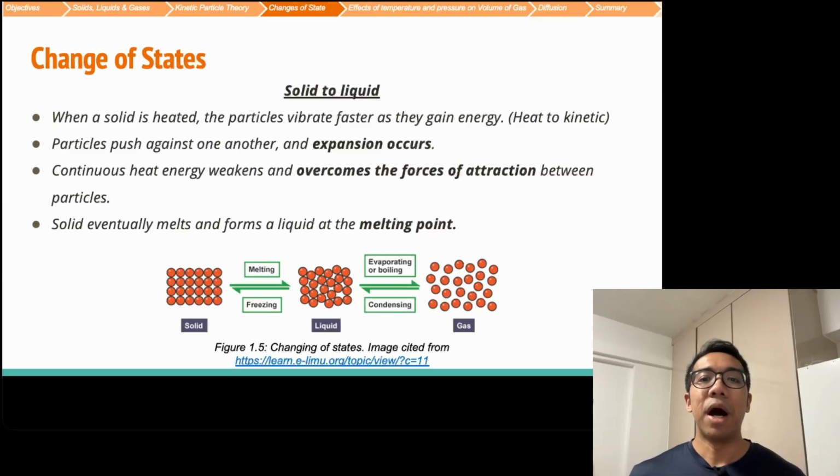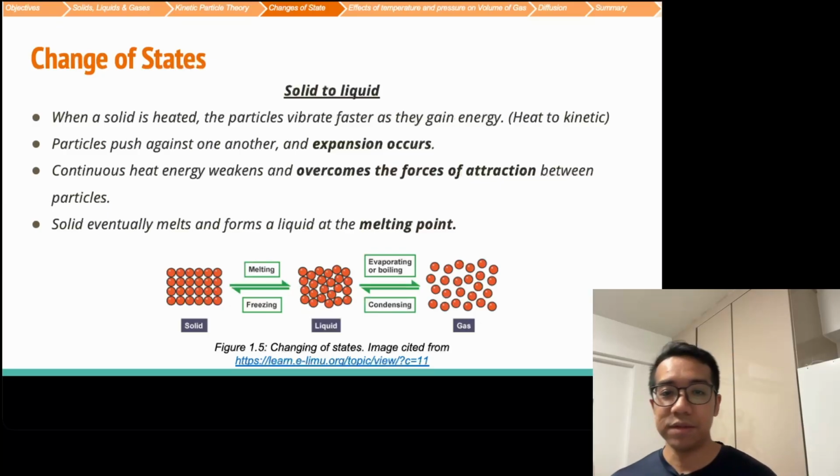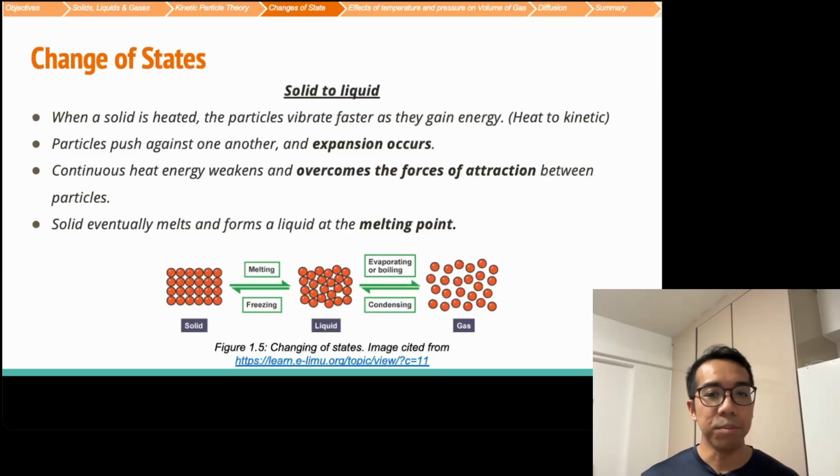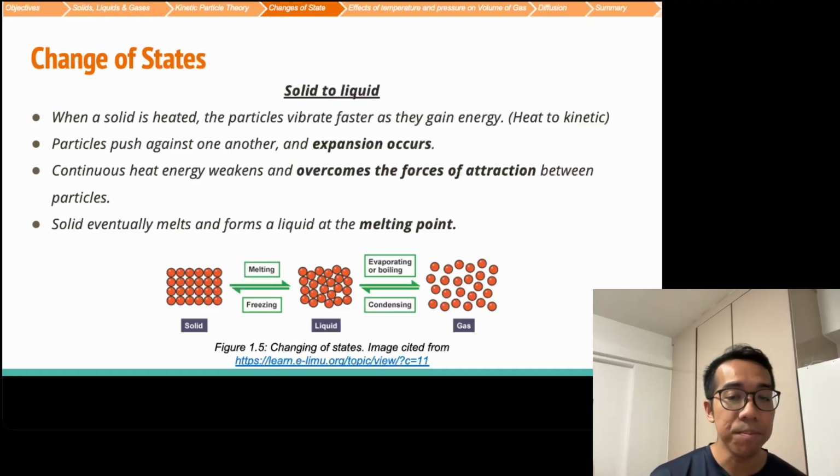So let's talk about how you go from solids to liquids. This is a simple one, we'll start off simple. When a solid is heated, as you can see, the particles will vibrate faster and faster as they gain energy. If you remember, particles are already vibrating in place in their solid form.